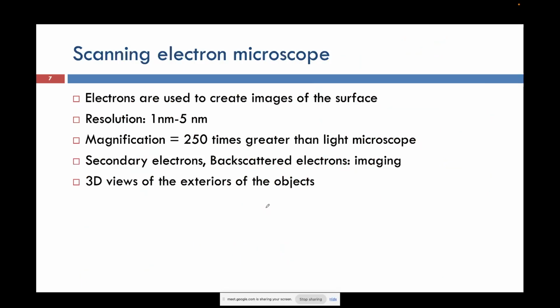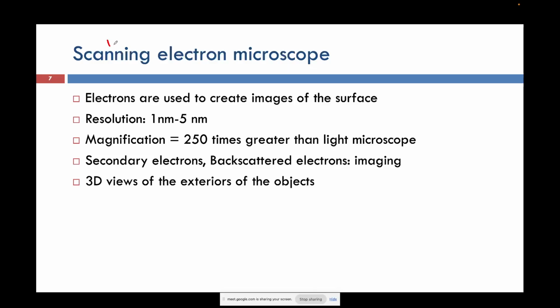And then based on these concepts, using the electron beam as our incident beam, and electromagnetic lens as our lens system to deflect the electron, we have the scanning electron microscope.